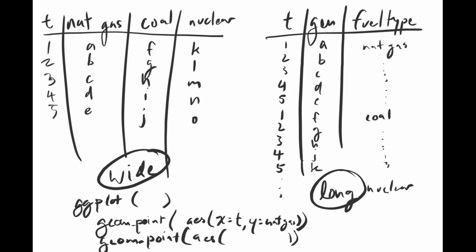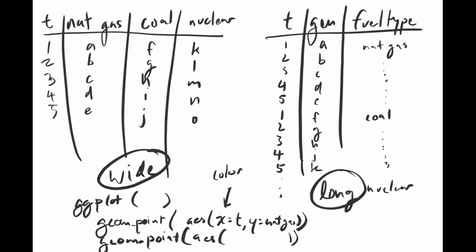In there you could also explicitly define the color for all the points related to natural gas, and a different color for coal, and so on. Does this make sense for how you would implement it in a wide data set?